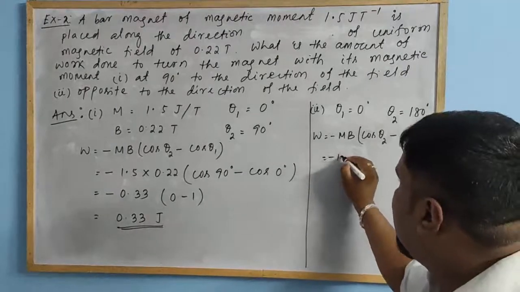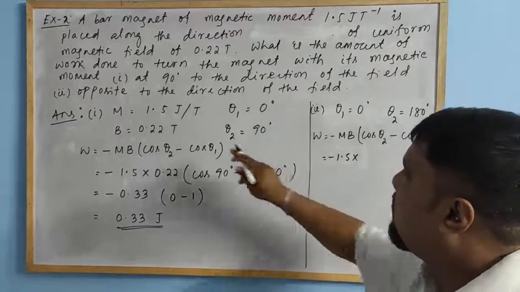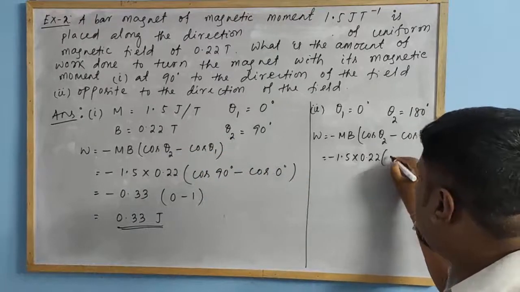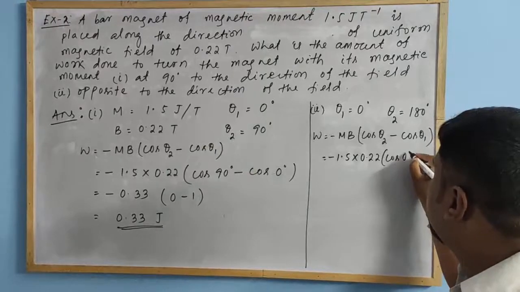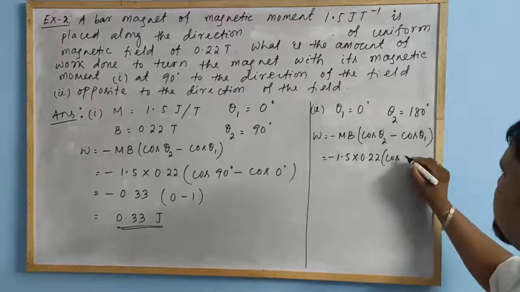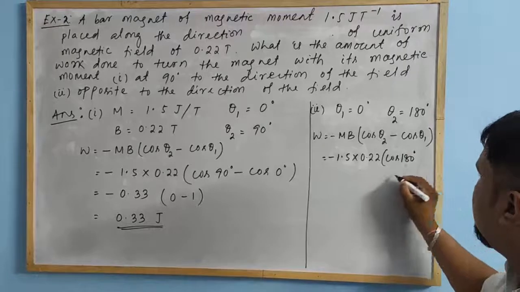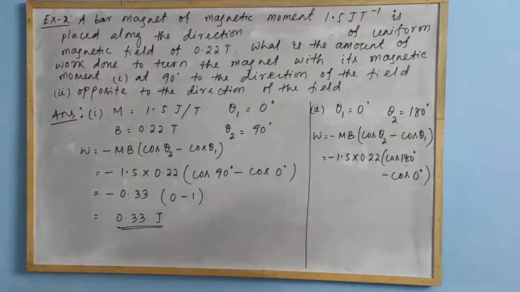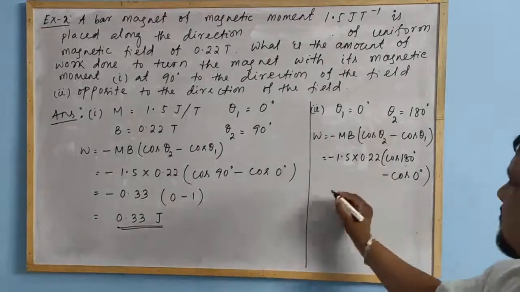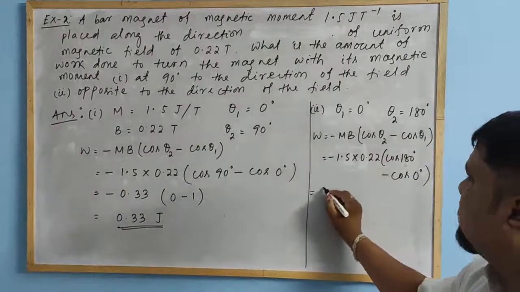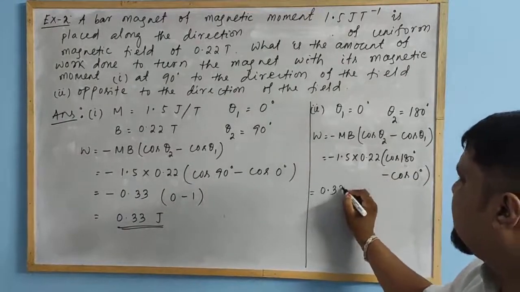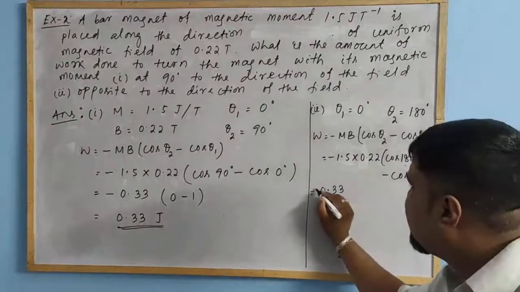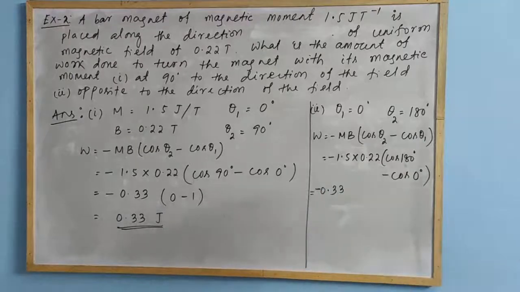So this equals minus 1.5 into 0.22 into (cos 180, since theta 2 is 180, minus cos 0). So if you write, this is equal to minus 0.33, with the minus sign obviously. There is a minus sign.